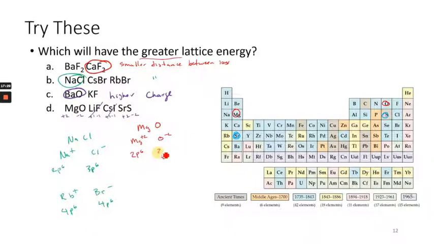Oxygen 2- will end in a 2p6. Strontium sulfide, strontium will end in a 4p6, and sulfur will end in a 3p6. So magnesium oxide will have the shortest distance because it's the smallest ions.